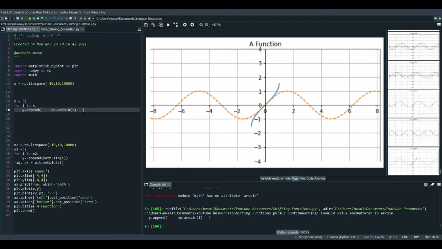Okay, so it's in numpy. It's in a different module. But now I have arcsine or inverse sine, and Python's only going to graph the valid parts of this function, but you can imagine this continuing on up to the top and down, just oscillating in the same way. So it's mirrored across the line y equals x, as we'd expect.